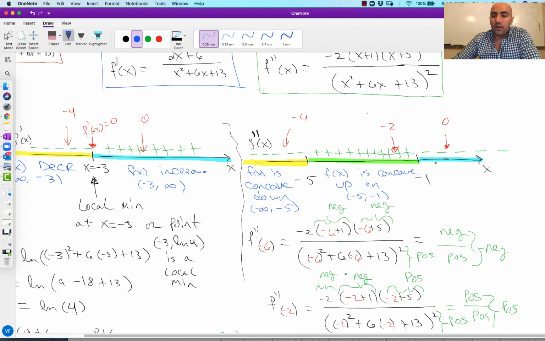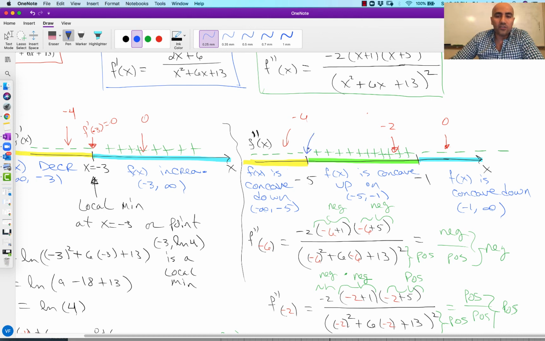And finally, the second derivative is negative, it's sad, therefore the underlying function f of x is concave down on the interval from negative 1 to positive infinity. Okay, and finally, we see that there is a sign change from negative to positive at this point.